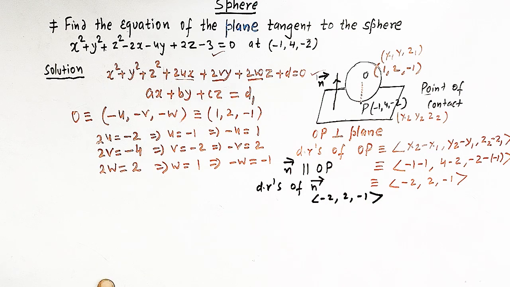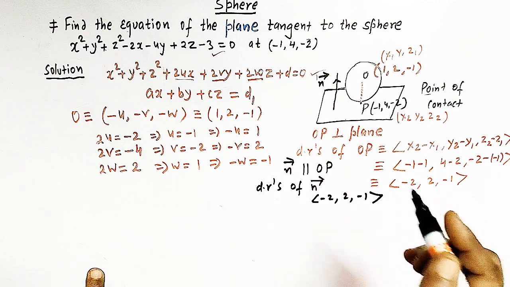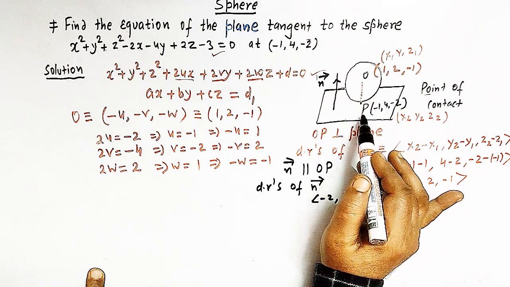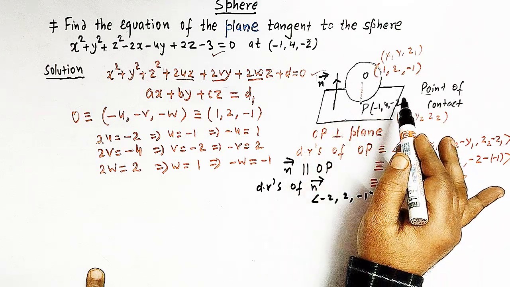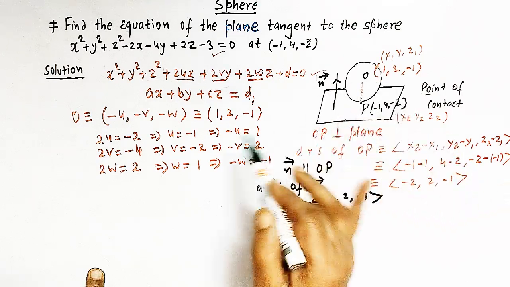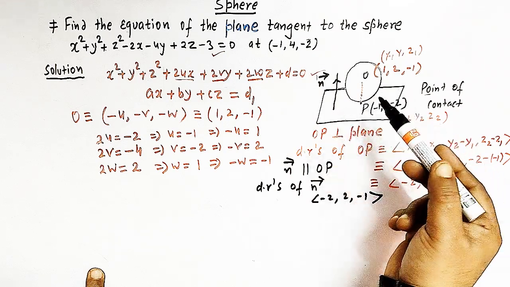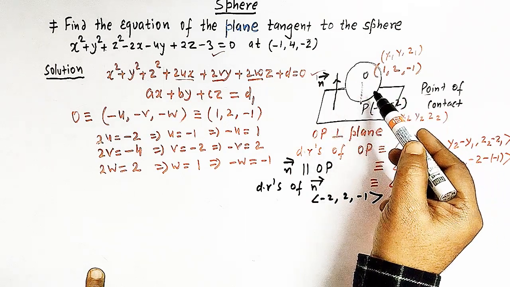So now we are in a position to find out the equation of this tangent plane, because we know a point P which lies on this plane, right? And it is important to note that this point P also lies on this sphere, right?